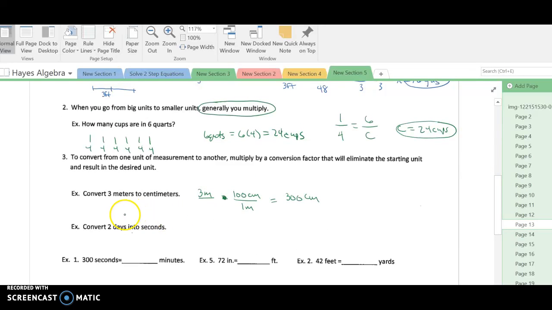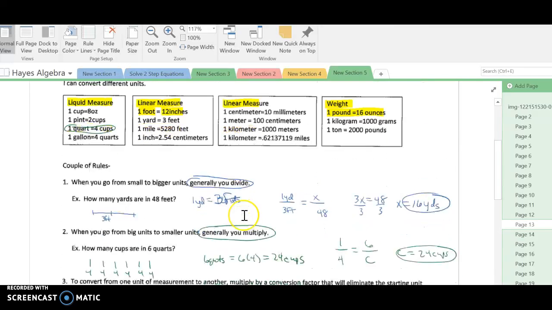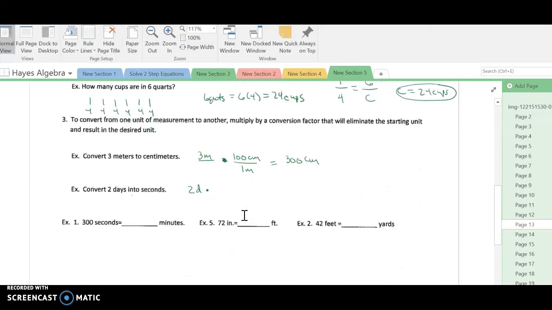But what happens if I want to do days into seconds? Now, if I want to convert 2 days, we go up here, and it might not have it. So we have 2 days times how many hours are in a day? So we know 24 hours is equal to 1 day.